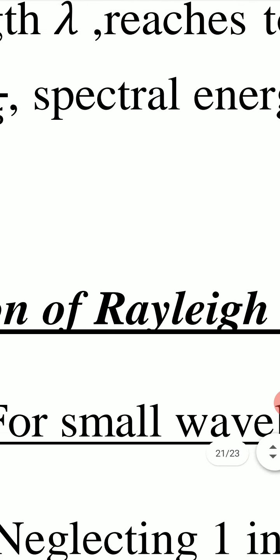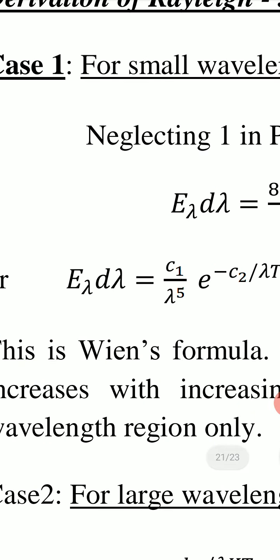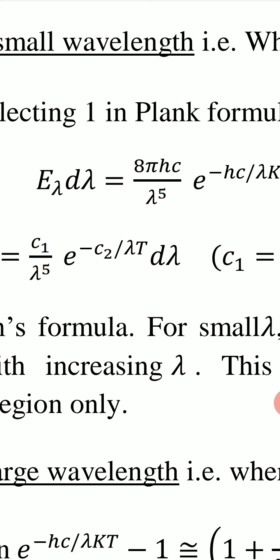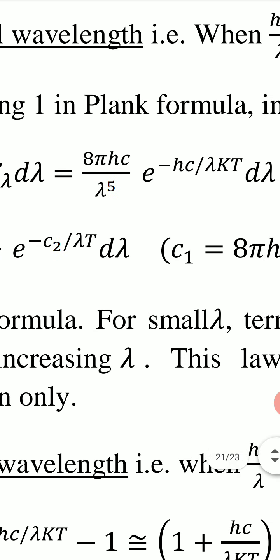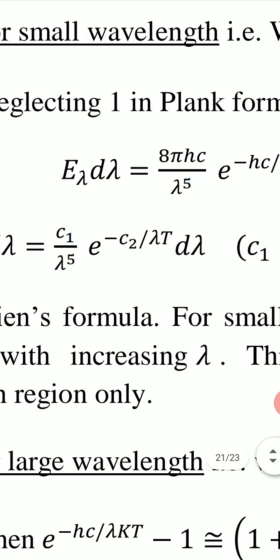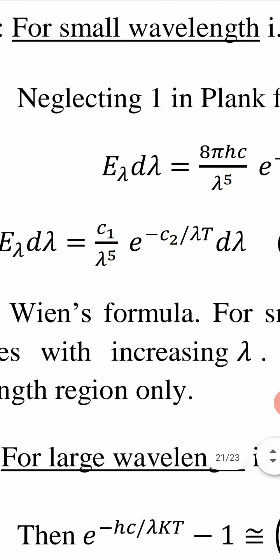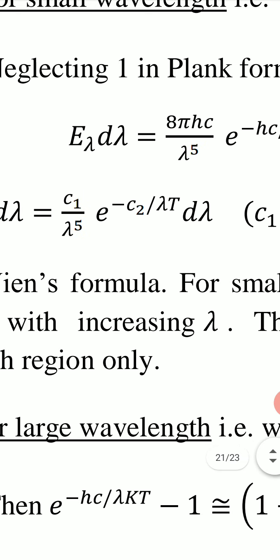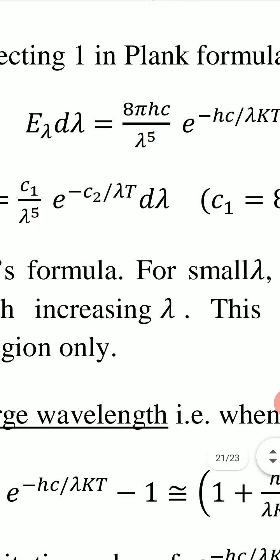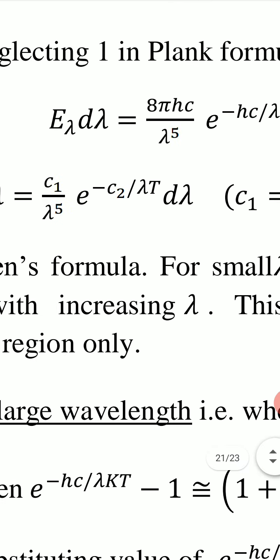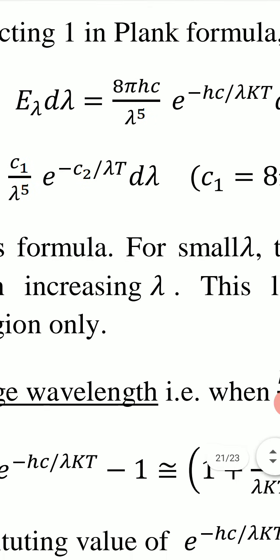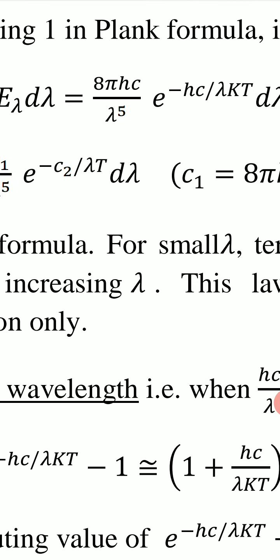And then this formula becomes E lambda d lambda equal to 8 pi hc upon lambda to the power 5, e to the power minus hc upon lambda kT, d lambda. This can be written as c1 upon lambda to the power 5, e to the power minus c2 upon lambda T, d lambda. 8 pi hc is written as constant c1, and in the exponential hc upon k is written as c2.